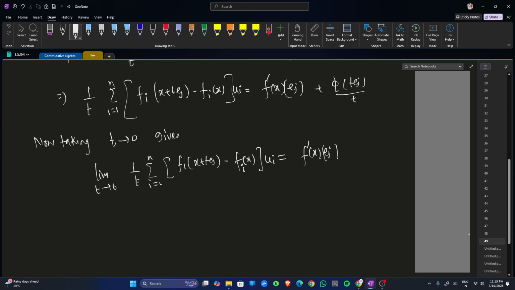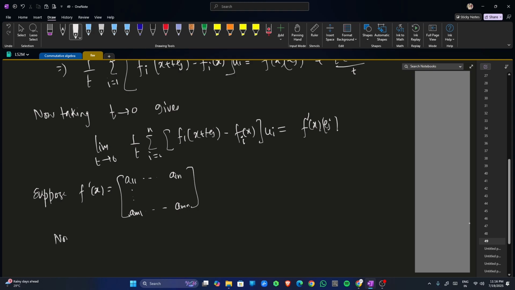Now f prime x is a linear map. Suppose f prime x looks like this: a11 up to amn, it is a map from R^n to R^m, an m by n matrix, with am1 down to amn, where aij belongs to the reals.